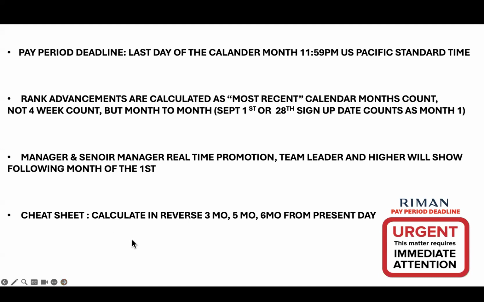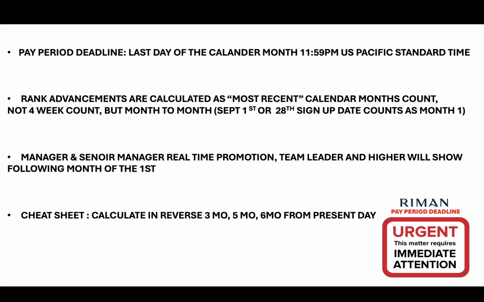Now this is a little cheat sheet I want you to remember, because we go by months when you're calculating 2 months or 3 months or 5 months to team leader or manager or senior manager, whatever you're calculating. The easiest way to do it is whatever month you're in today, just rewind 1 month back from present day, or rewind 2 months back, 3 months back, 5 months back.